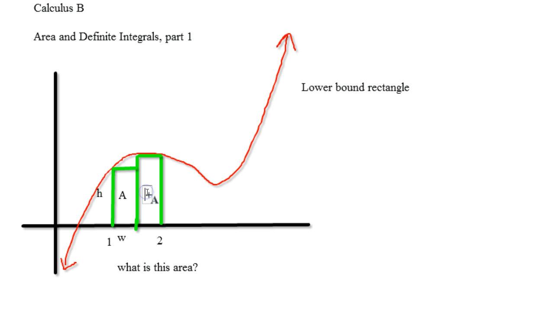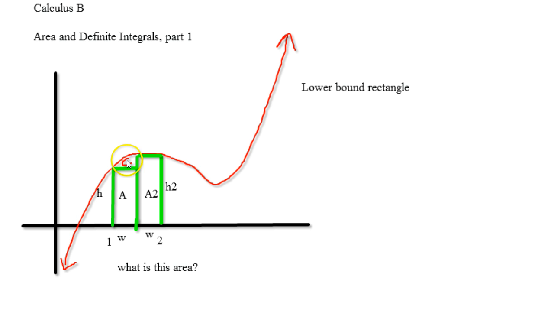Then we do the same thing here, except we have a different height. We'll call this height 2. Since these are both the same widths, we keep the same width. We find that area, and this is area 2. We add these two areas together and we have the area underneath. Obviously it's an approximation because we're actually missing this part.